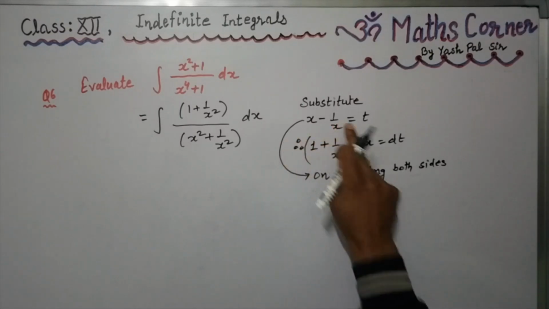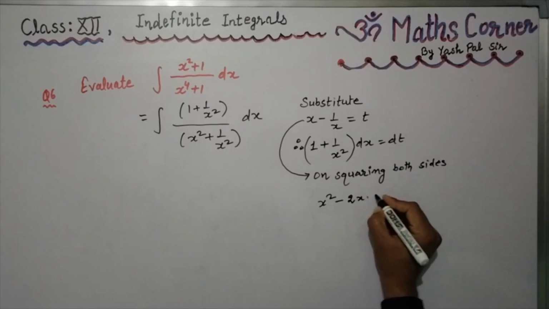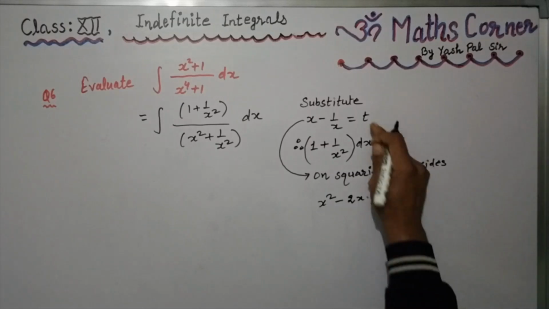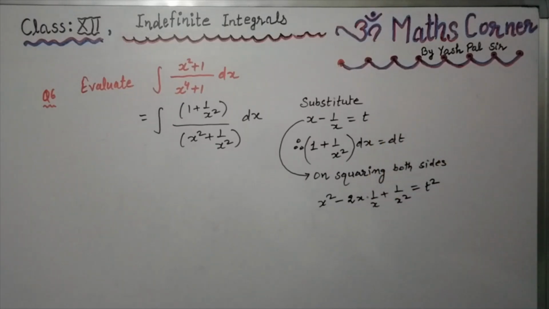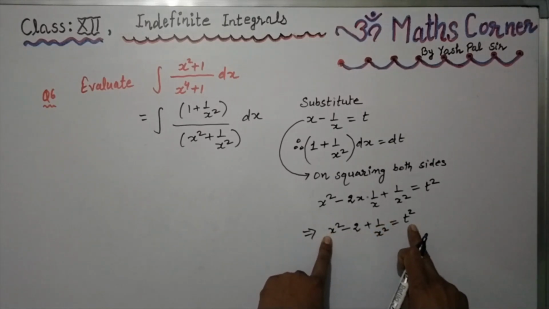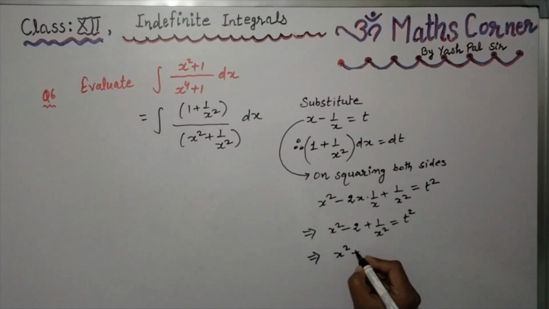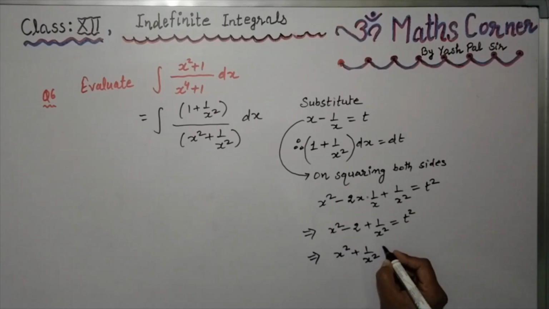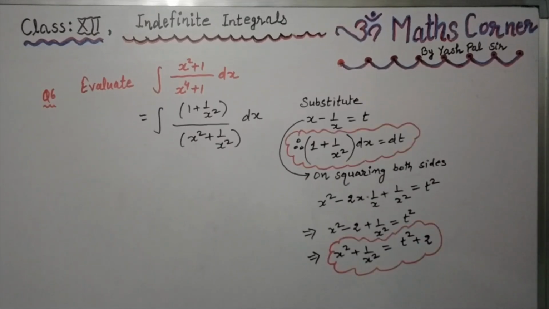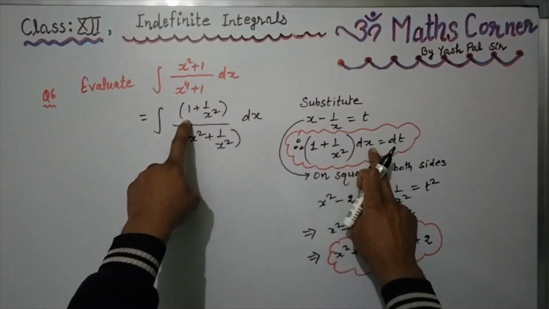Also on squaring both sides, this one becomes a minus b whole square, that is a square minus 2 into a into b plus b square, that is 1 upon x square, right hand side t whole square. This gives us x square minus 2 plus 1 upon x square is equal to t square, which is again equal to x square plus 1 upon x square is equal to t square plus 2.